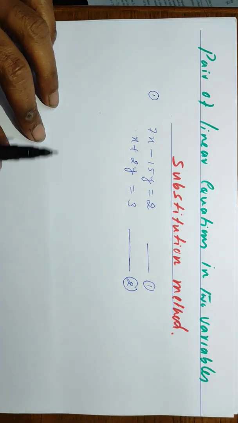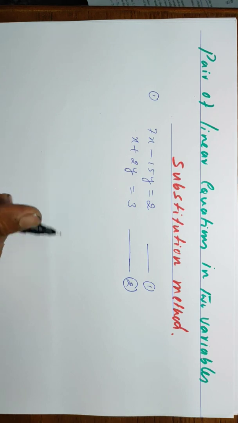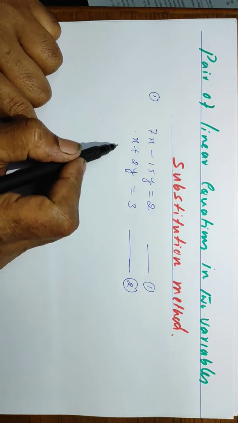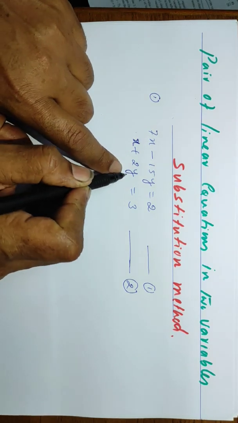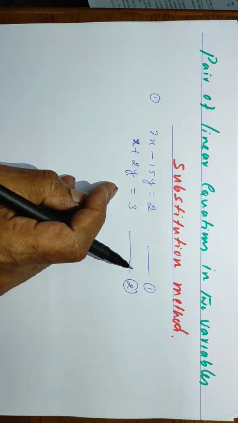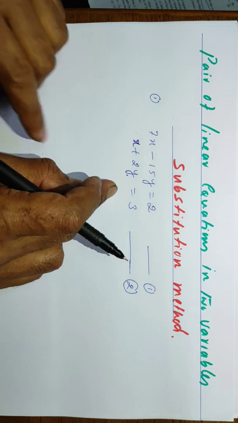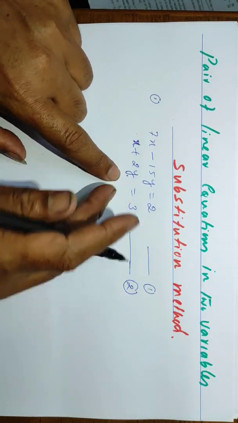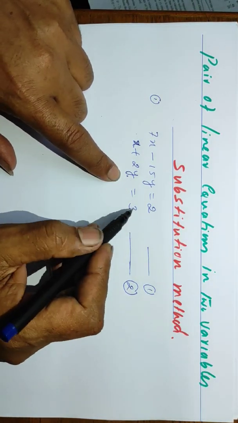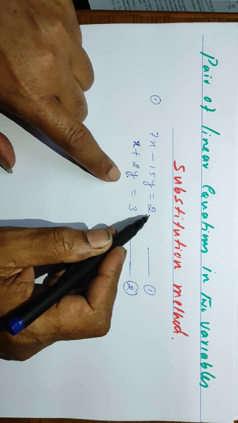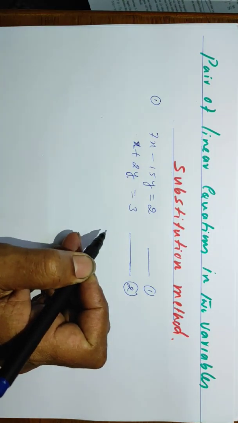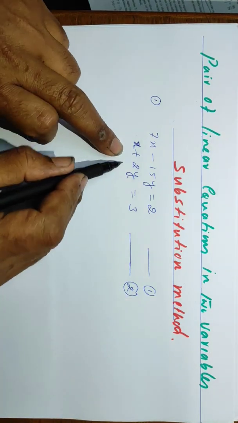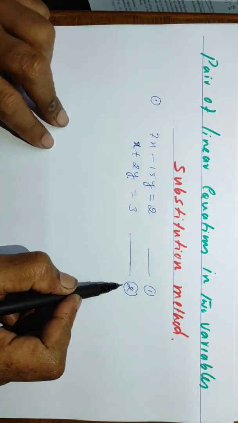The first step here is that you have to find the value of one variable in terms of another variable. For that purpose, you can select any one of these two equations, whichever is convenient to you. I will consider equation 2.